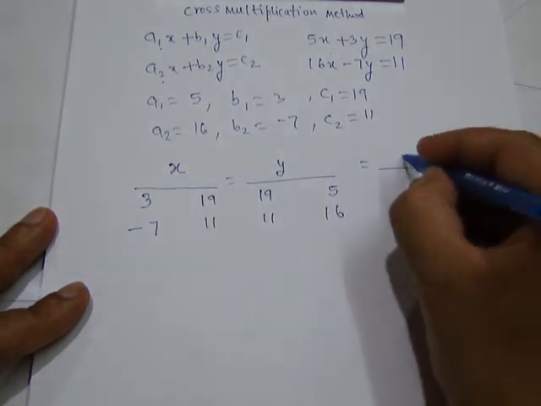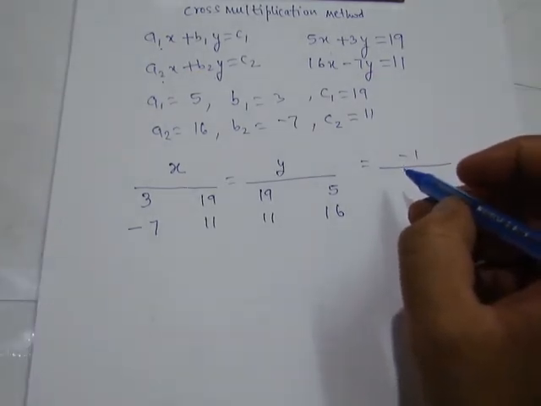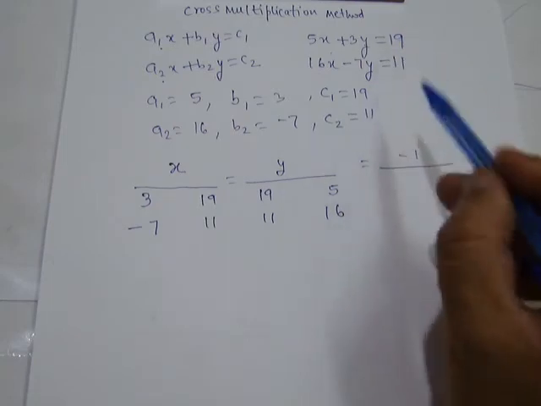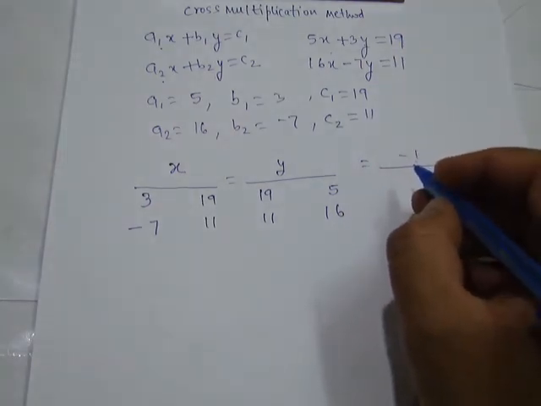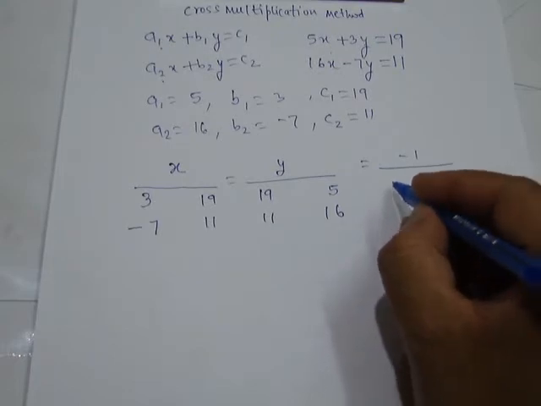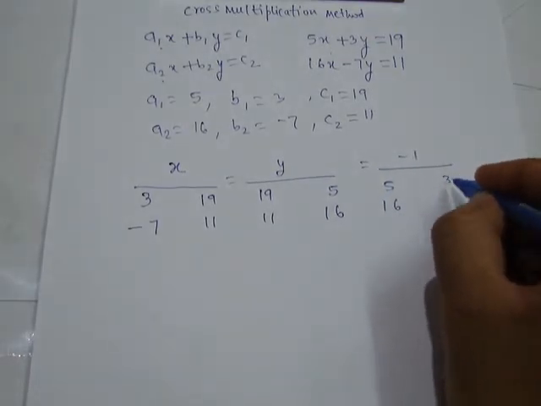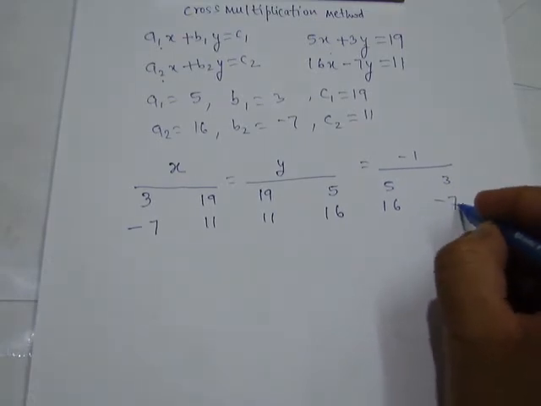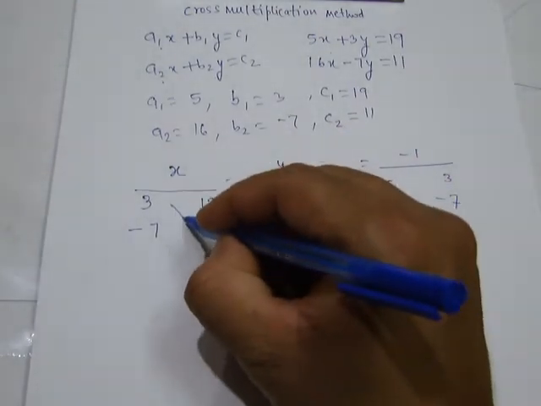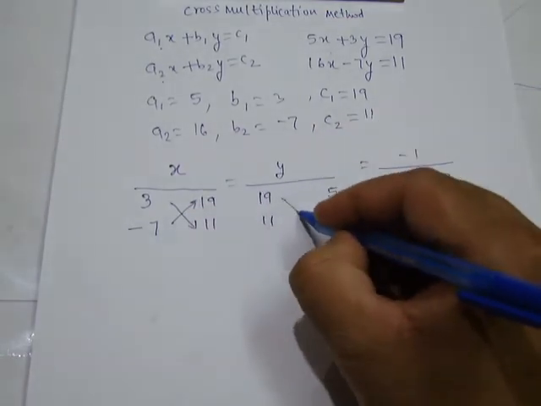Similarly, for the constant, we leave the values of the constant and write the coefficients of x and y. So this is 5, 16 and 3, -7. Now we draw the arrows like this.